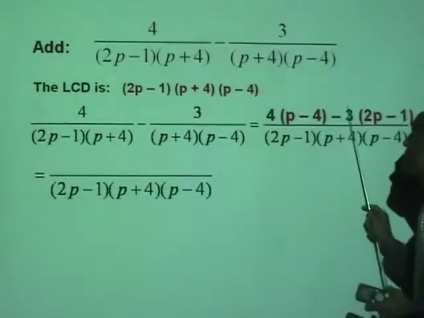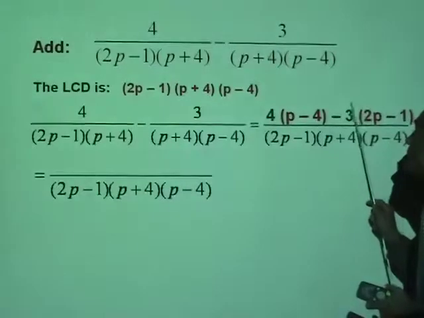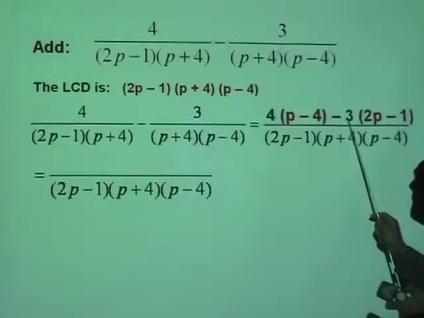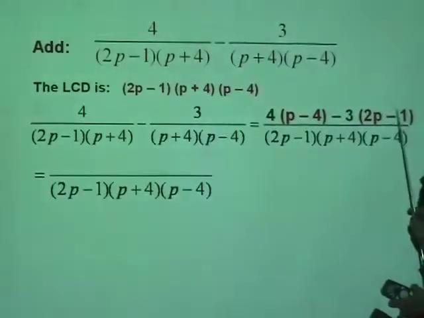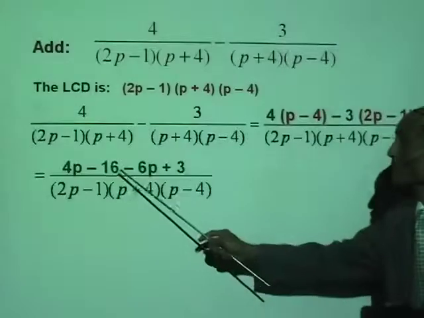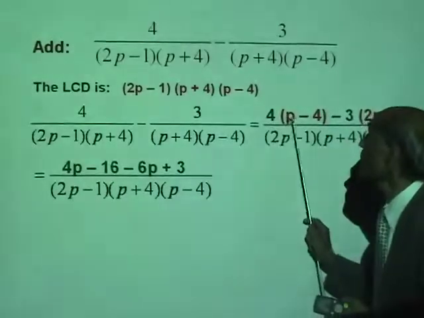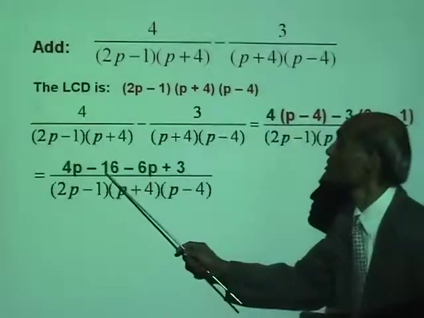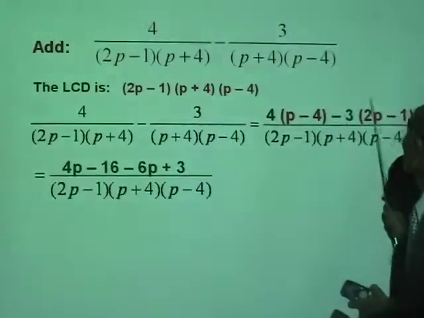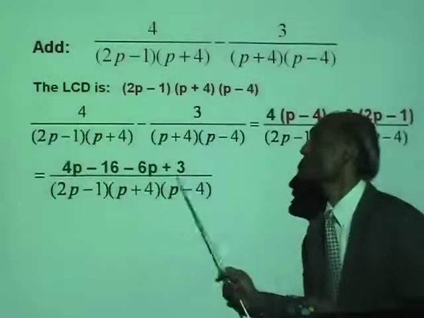And minus 3 times 2p is minus 6p. And watch it here. Minus 3 times minus 1 is positive 3. Alright, so we have 4p minus 16 minus 6p plus 3 is our numerator.